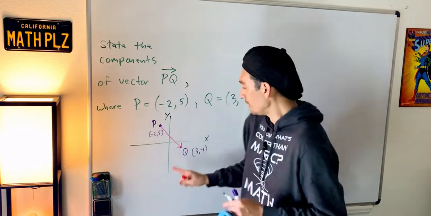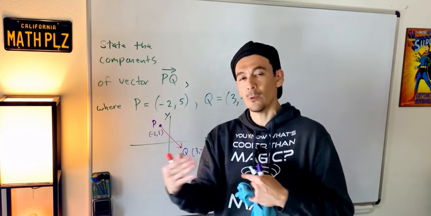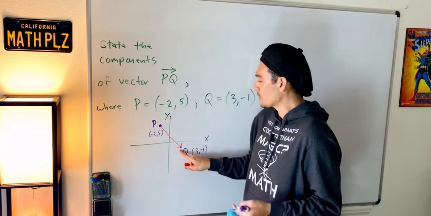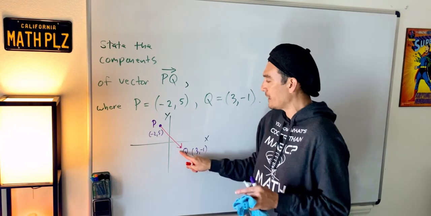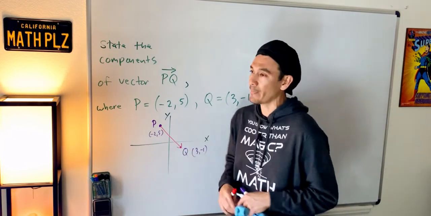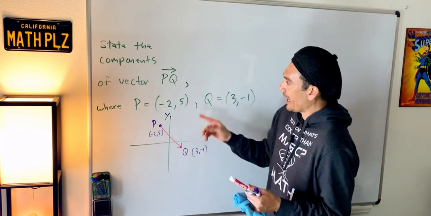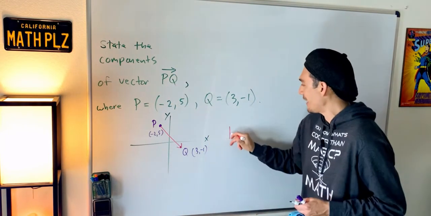The only reason I drew the arrow is so that you see which is the beginning and which is the end. This is the beginning because it doesn't have the arrow, and this is where we get off the Uber because this is where the arrow takes us. That's the only purpose of this. Don't think that it goes on forever because it doesn't. So what's the answer here? The answer is going to be PQ with the little arrowhead equals, so let's build our answer over here.